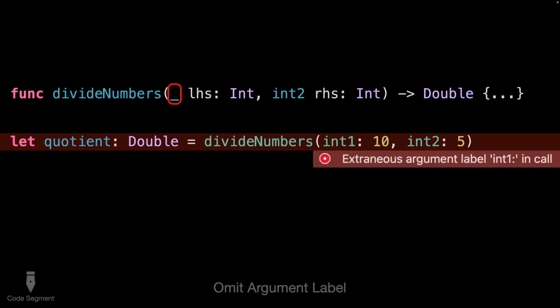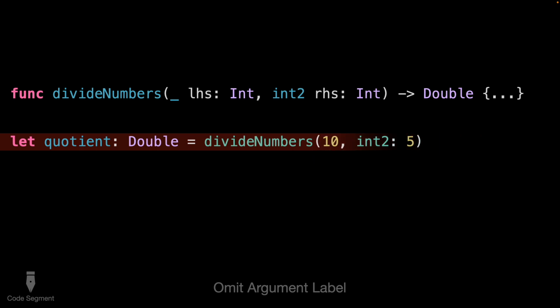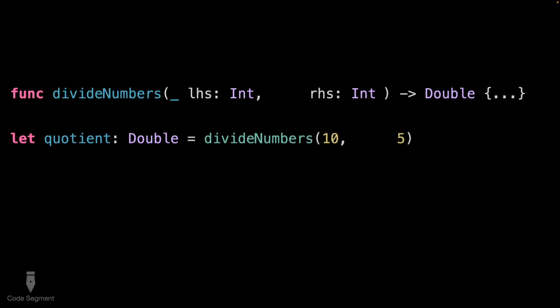Okay? Doing so will, in this case, throw an error because there is an argument label where it's not expecting one. Get rid of the argument label, error goes away. Now you've just passed in just the value that you want to go into the function.